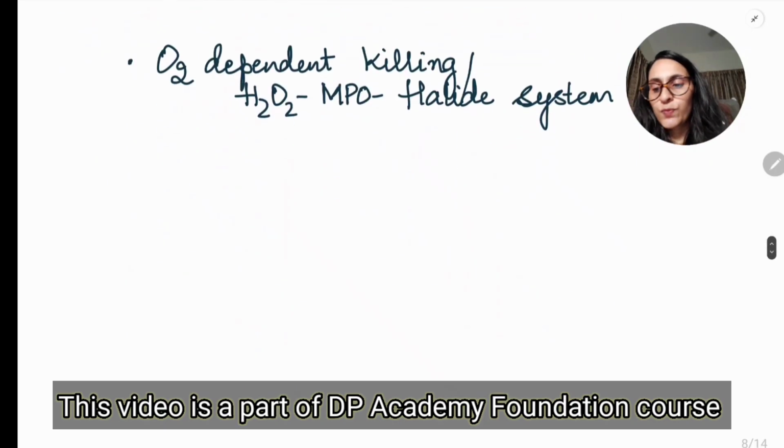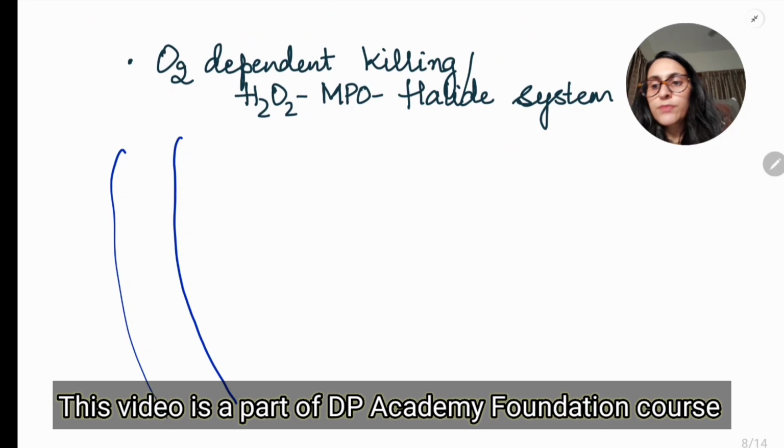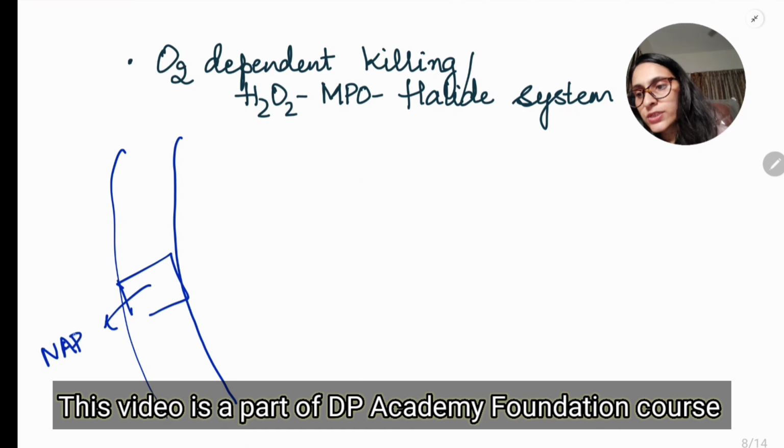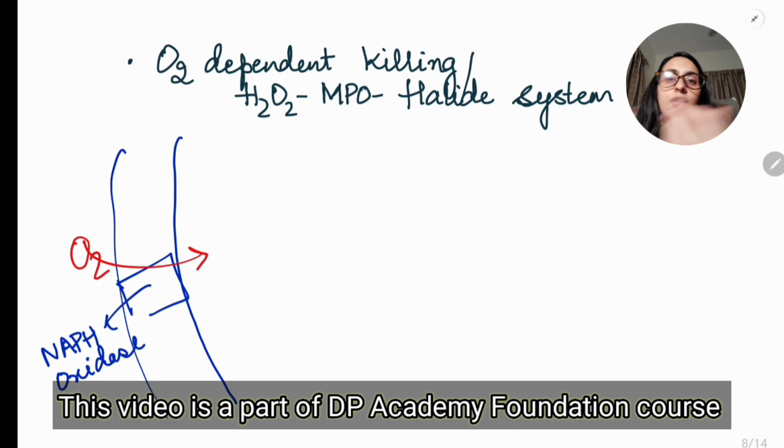Let's take this membrane of the phagolysosome. If this is a phagolysosomal membrane, the most important enzyme over here is NADPH oxidase. NADPH oxidase is the most important enzyme for phagocytosis. See, oxygen comes into a phagolysosome.